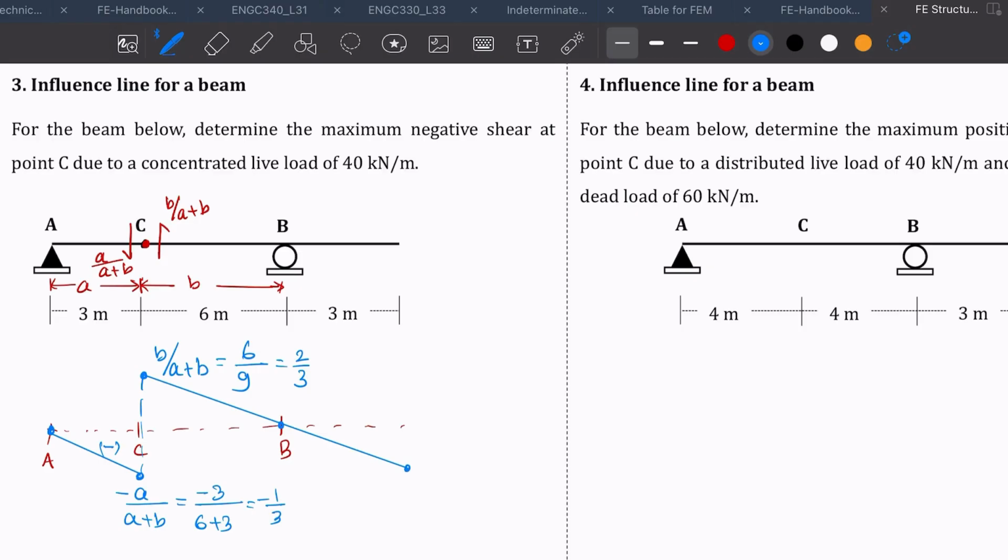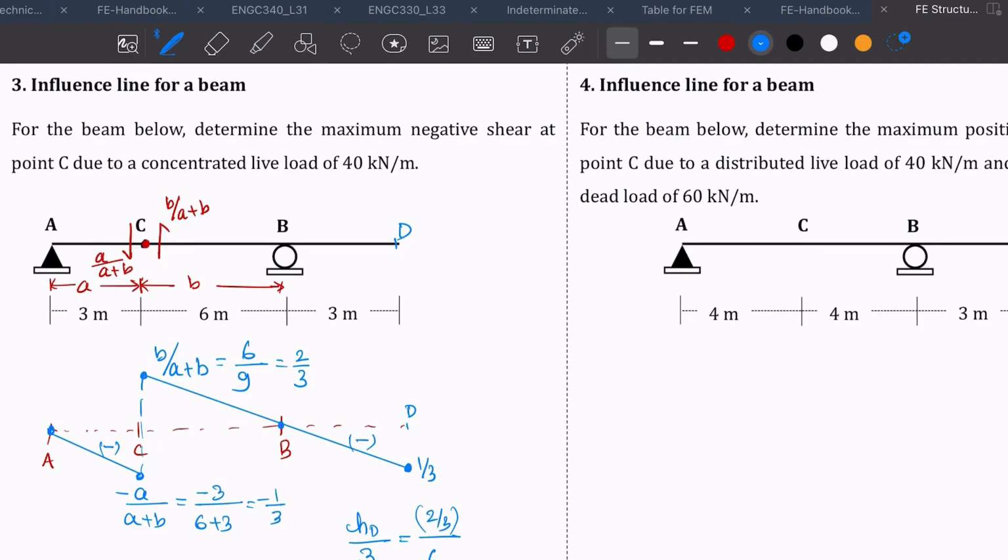And for this part, let's call it D. So we're going to use similar triangles: HD over 3 is equal to 2 over 3 divided by 6, and you'll see that HD will be equal to 1 over 3, and so this part is 1 over 3.